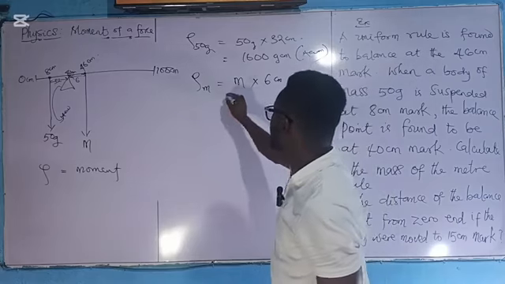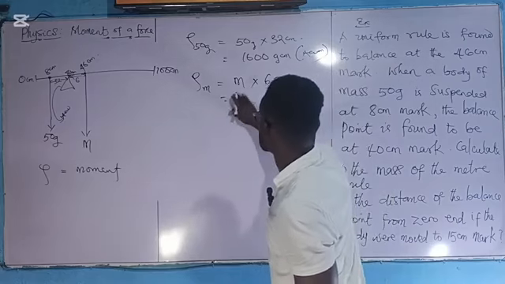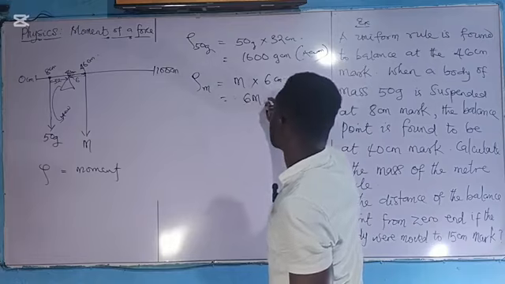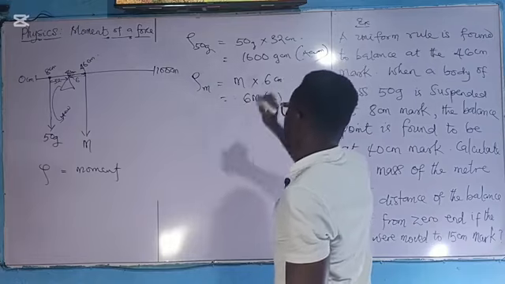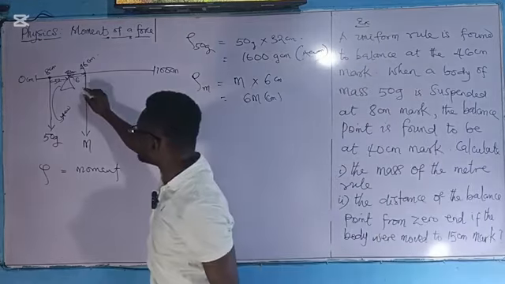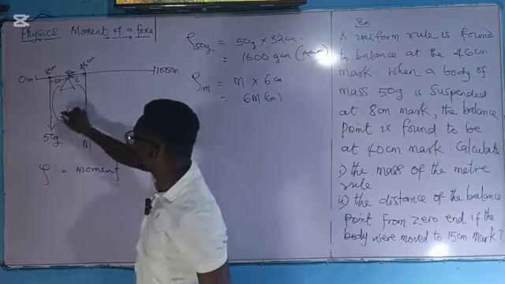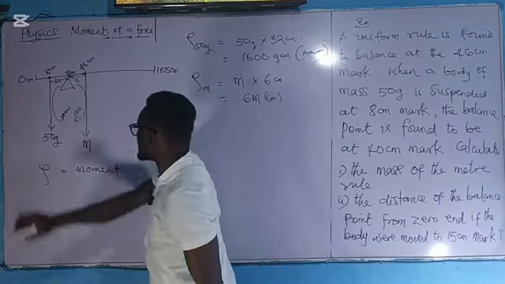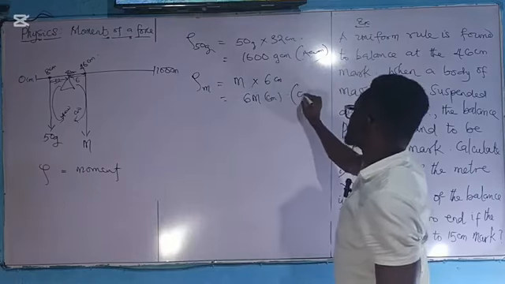If you multiply this, you are going to get 6M centimeter, right? Now, check the direction of it. It should be clockwise moment.